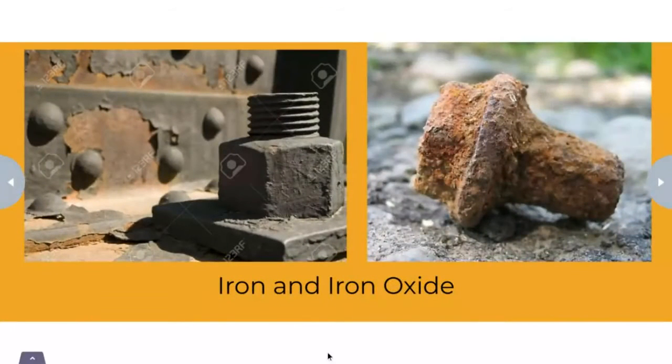Okay, here is iron. Iron that's left out unprotected for a long time forms a reddish, brittle substance, iron oxide. So all kinds of bridges and construction that use iron have to deal with rusting, the formation of iron oxide, which weakens the material.